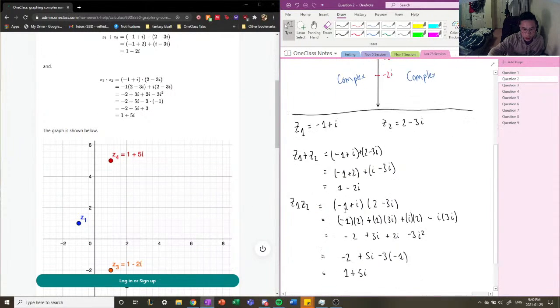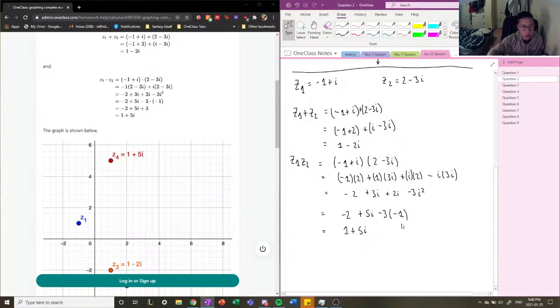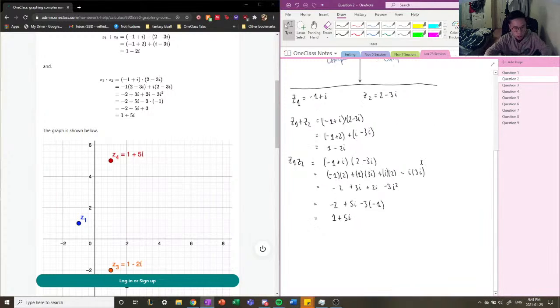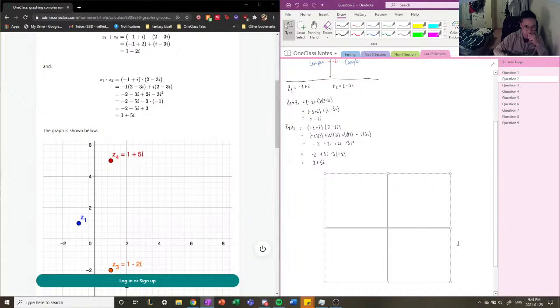So now that we have each of these complex numbers, we're going to graph them. Let's zoom out a bit and put down axes. Here's my axes, here's my real numbers, and here's my imaginary numbers.